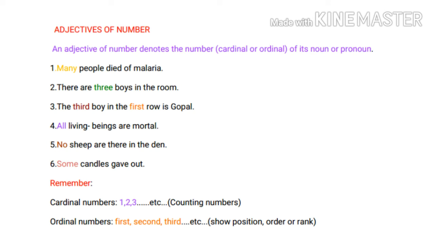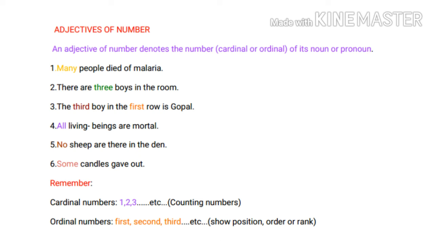Adjectives of number. They are also known as numeral adjectives. An adjective of number denotes the number of its noun or pronoun. Remember, the number can be cardinal number or ordinal number. Cardinal number refers to the number used for counting or counting numbers, that is 1, 2, 3 and so on.